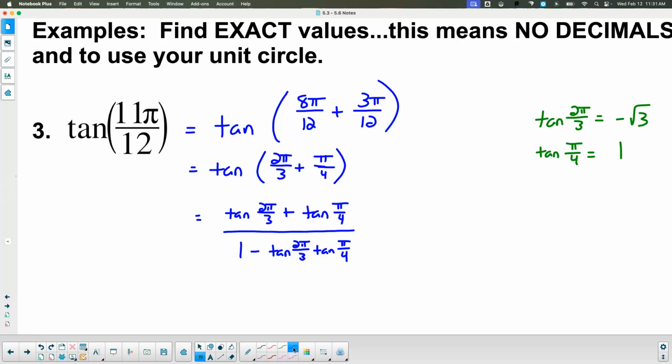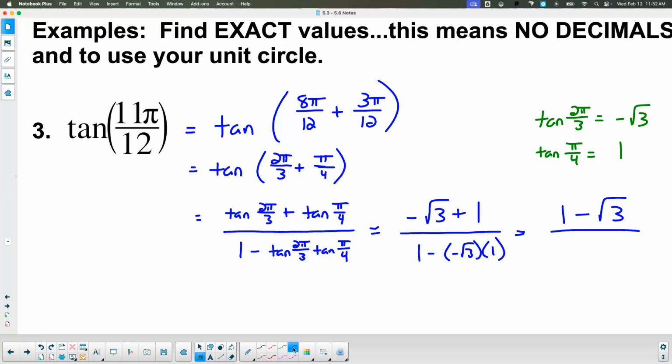So that would be negative square root of 3 plus 1 all over 1 minus negative square root of 3 times 1. Yes? Okay. So then that's going to be 1 minus the square root of 3 all over 1 plus the square root of 3. Do you agree with that so far?